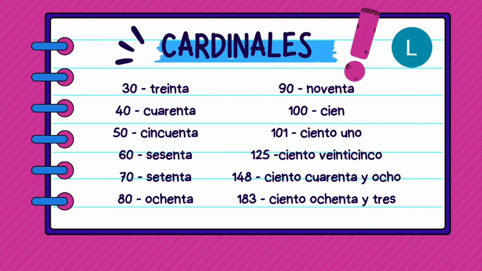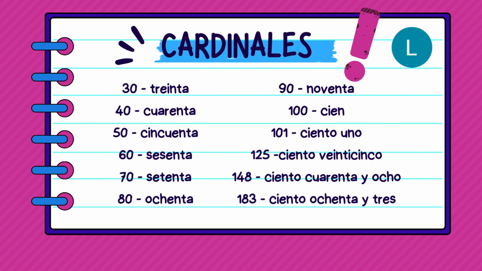So 30 will be treinta. If I want to say 35, I'm going to say treinta y cinco. I'm not going to do the same thing I did for the 20s. This time around, for the rest of the numbers, I'm going to need that Y. So what we just saw with the 20 doesn't carry on to the rest of the numbers.